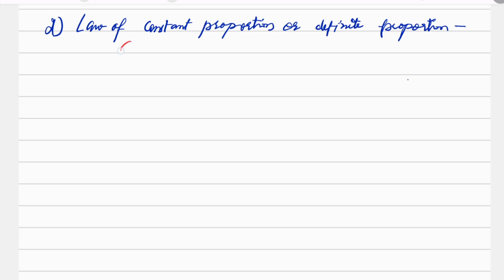This law was actually given by Joseph Proust in 1799.